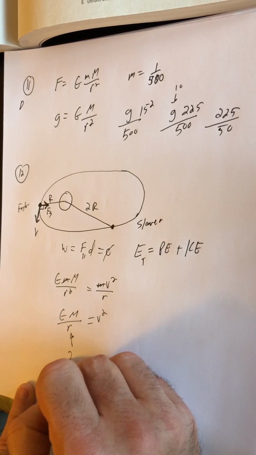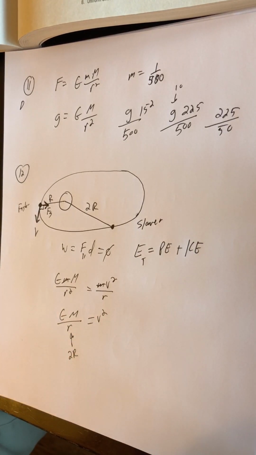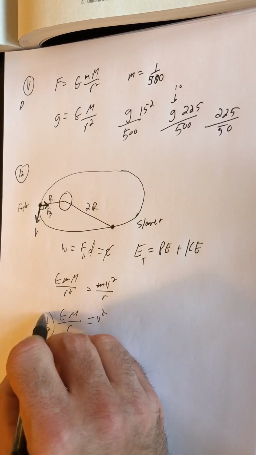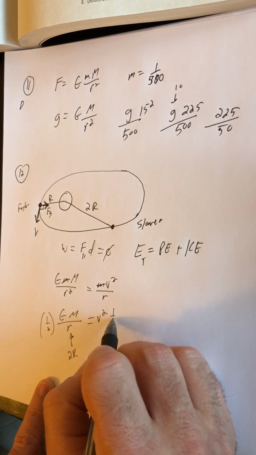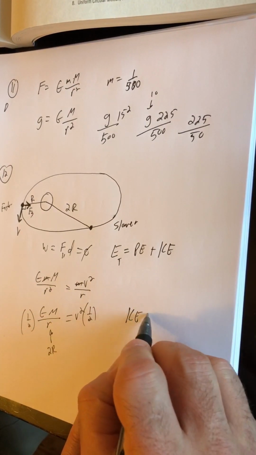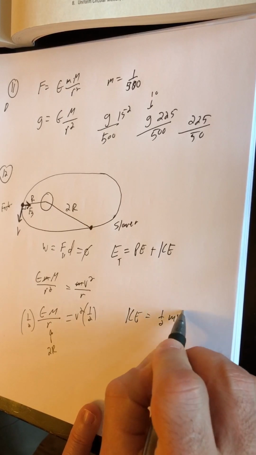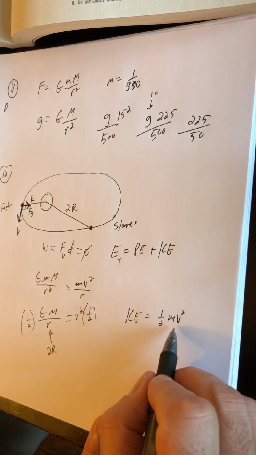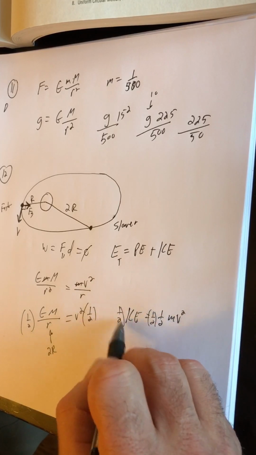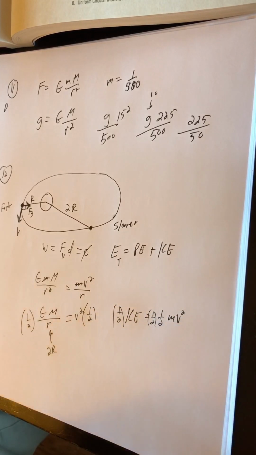And so I'm going to put 2r into there, right? So in other words, this whole thing has a half in front of it. So this v squared has a half in front of it. So the kinetic energy is equal to 1/2 m v squared. So if I put a 1/2 in front of here, that's the same thing as saying 1/2 of the kinetic energy. So the answer for this would be B, K over 2.